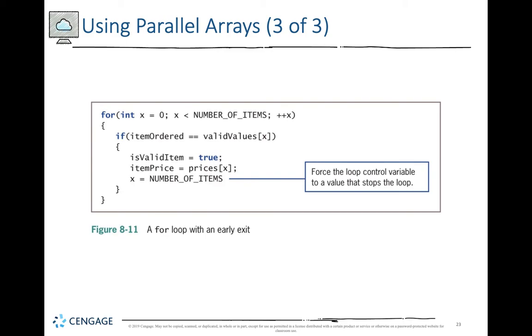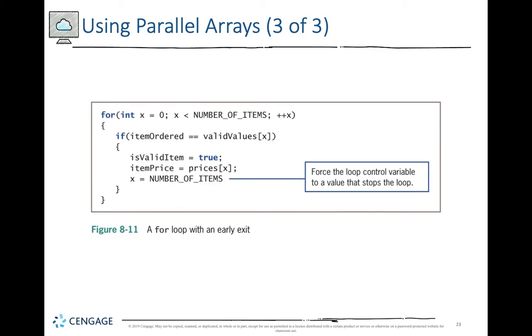We're putting the search parameter, the logic, inside the for loop. In this instance, we're saying, is valid item true? And then we're taking the value from the array item at prices.x, prices subscript x. We're assigning that to an item price.